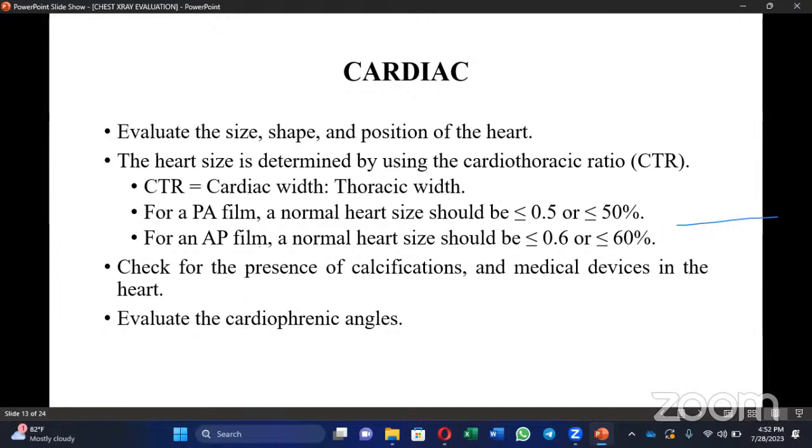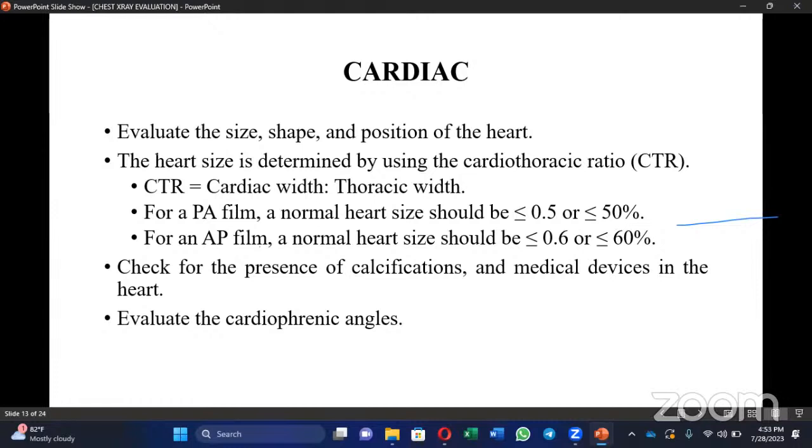And for a normal PA film, where the patient does not have any abnormality with respect to the heart, the normal CTR, or cardiothoracic ratio, should be less than or equal to 0.5. When you want to do it in percentage, you multiply the fraction by 100 to get your percentage value.